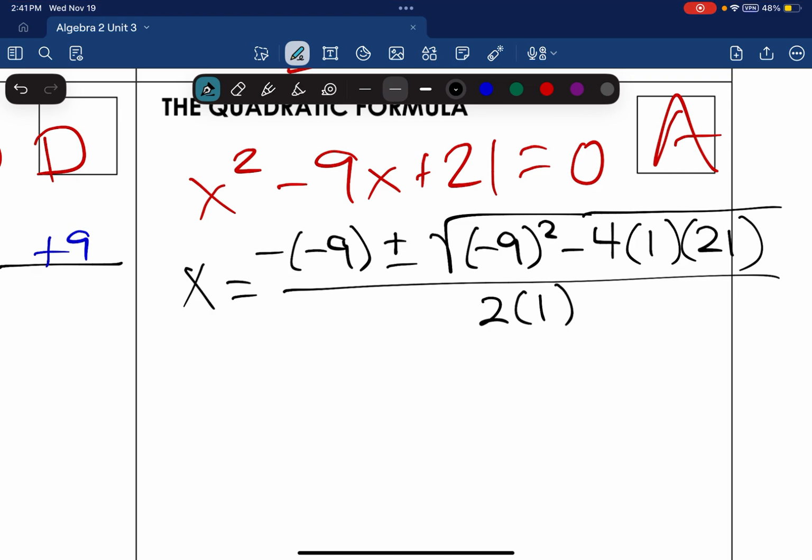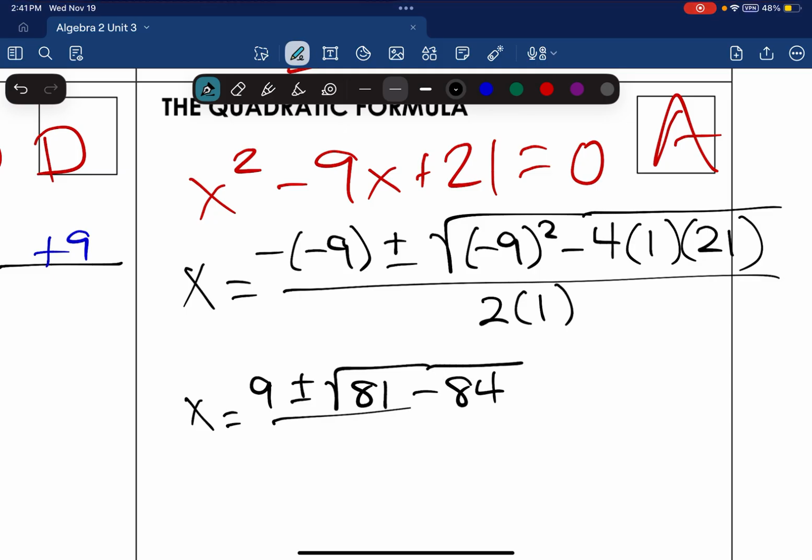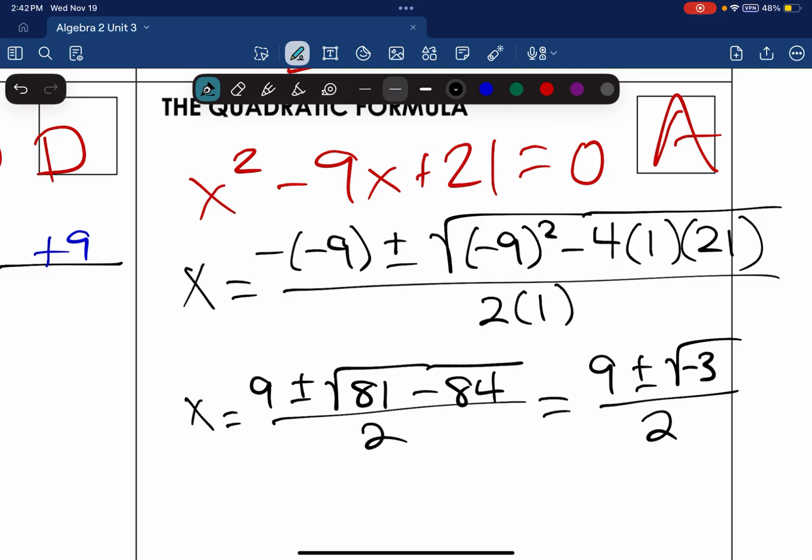All right, simplifying. X equals negative 9 is a positive 9. Square root of 9, negative 9 times negative 9 is a positive 81. Negative 4 times 1 times 21 is a negative 84 all over 2. 9 plus or minus, this becomes radical negative 3 all over 2.